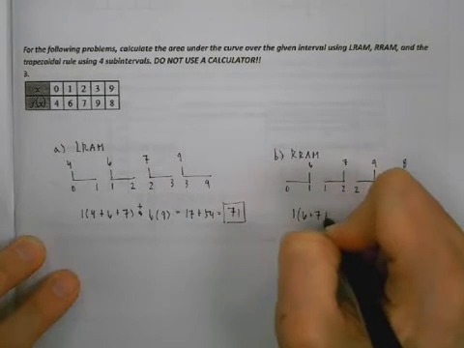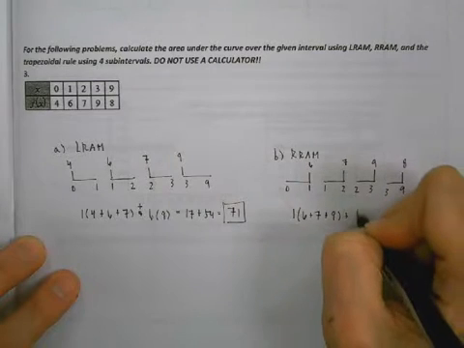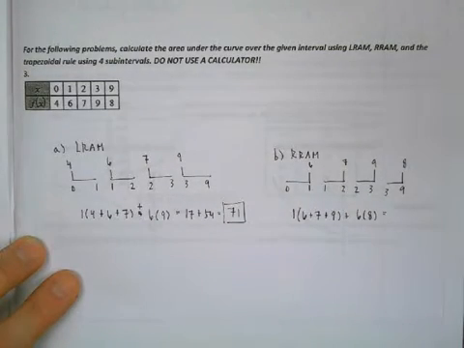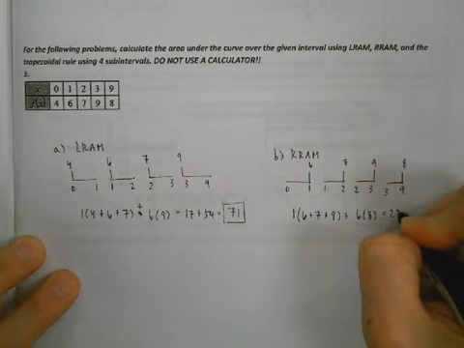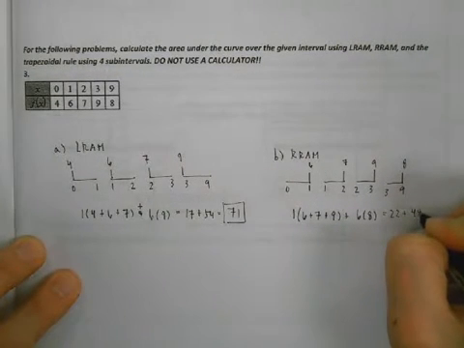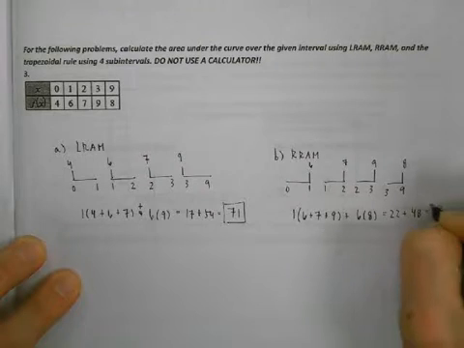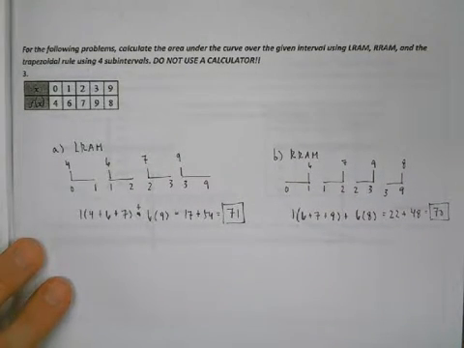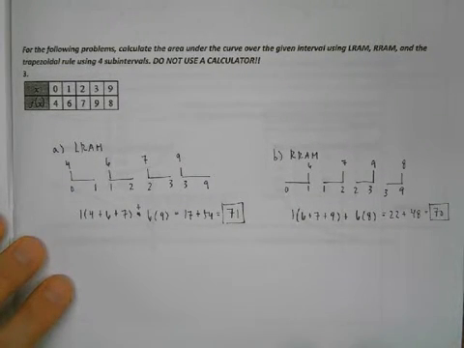So 6 plus 7 plus 9, and then I have to do 6 times 8. So I have 22 plus 48, which is going to give me a value of 70. So now I've got my left and right approximations, and now I need to use trapezoidal.